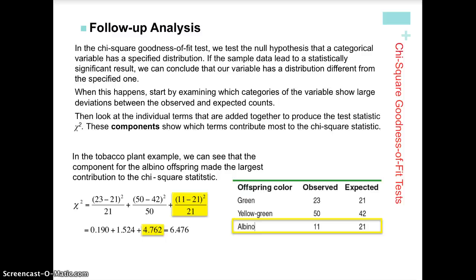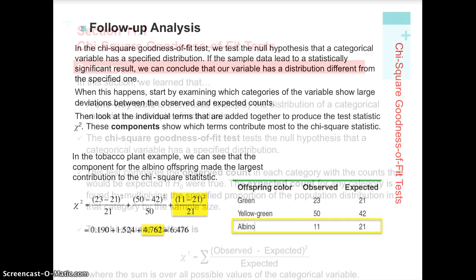It's going to be the biggest ratio of the squared difference over the expected. So keep that in mind when you're calculating, although sometimes we do calculate the first one, calculate the second one, and then calculate the last one. We can't do this follow-up analysis without calculating each and every contribution by hand, writing them out, and then having a clear look at which ones are the large contributors.